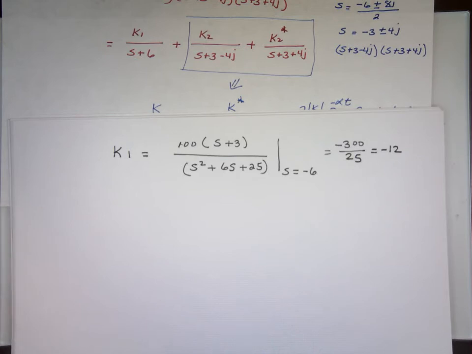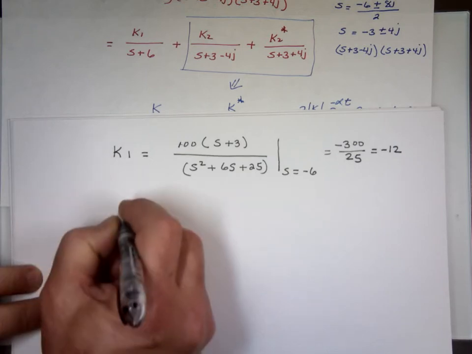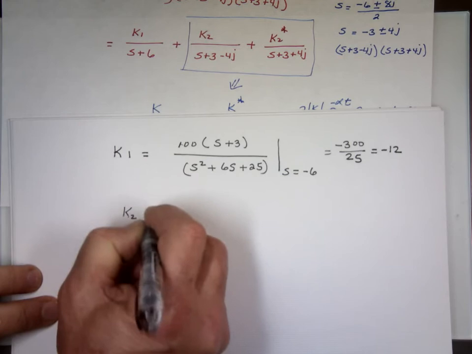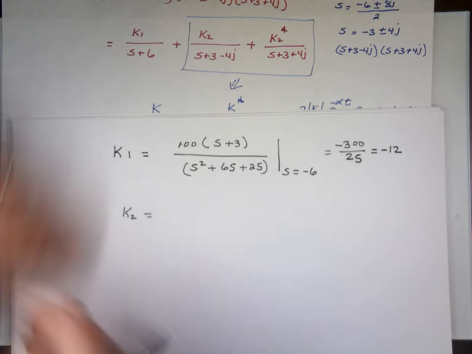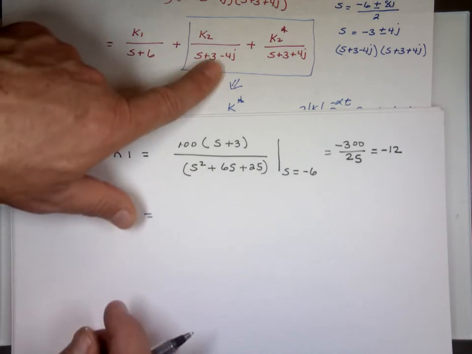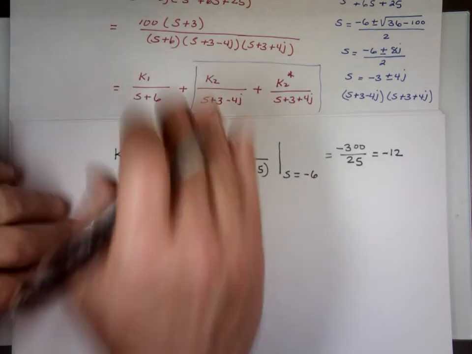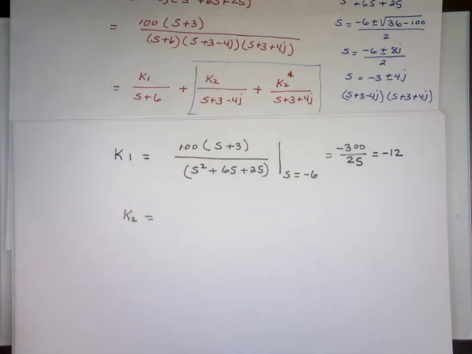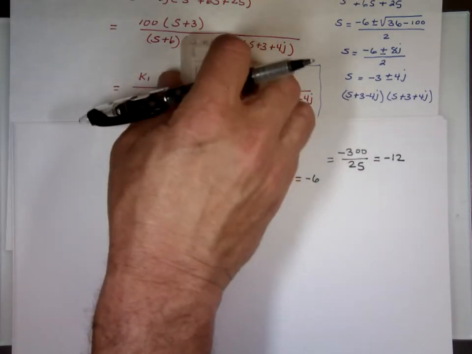Let's find out what K2 is. K2 is sitting on top of S plus 3 minus 4j. So take S plus 3 minus 4j out of that. So this piece is gone.